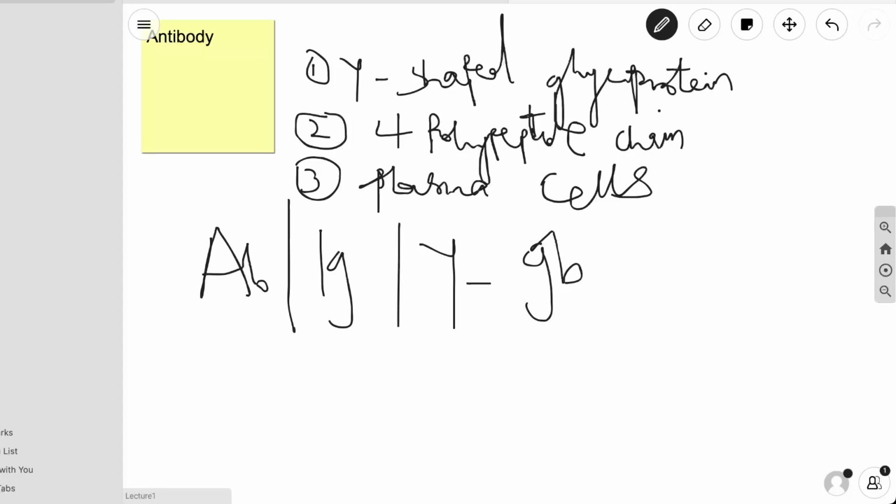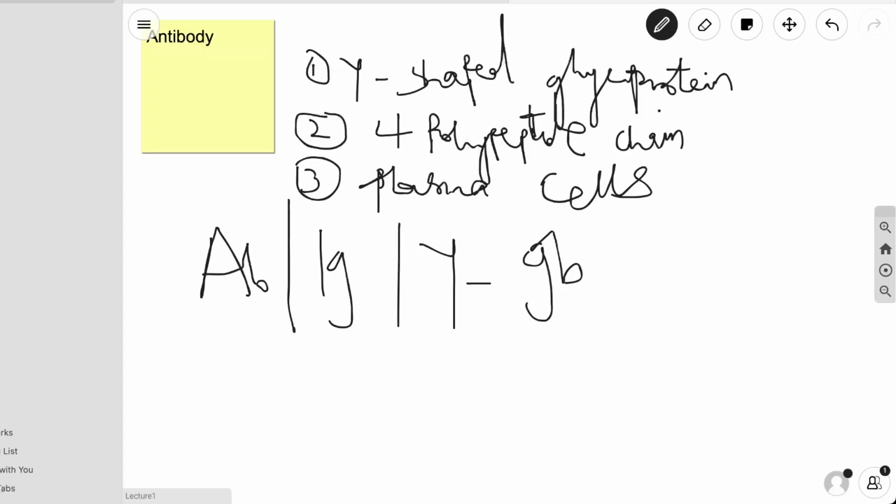That is why we say antibodies are immunoglobulin or gamma globulin. They are immunoglobulin because they have immune functions. They are gamma globulin because they are located at the gamma region of the globulin in the plasma protein.